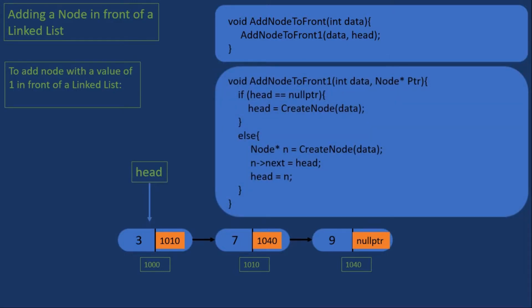And so we create a function that will add the nodes in the correct position. This function is a void function. We are not returning anything, and it takes in integer data, which is the data we want to store. And for this function, we only want to call another function, add node to front 1.